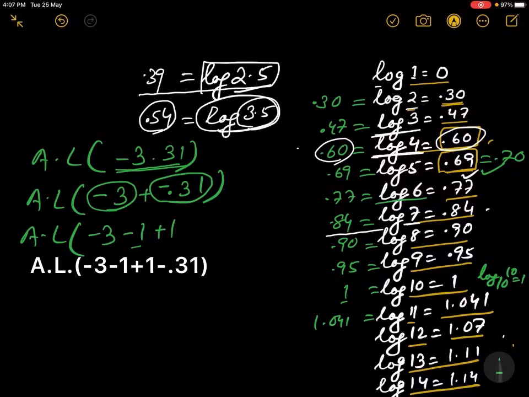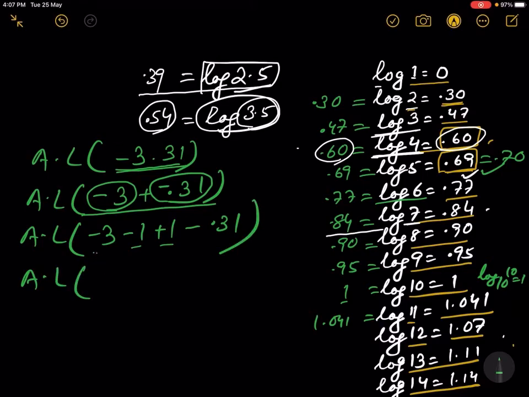Then minus 0.31. Anti-log, minus 3 minus 1 is equal to minus 4. 1 minus 0.31 is 0.69, or you can write anti-log 4 bar 0.69.